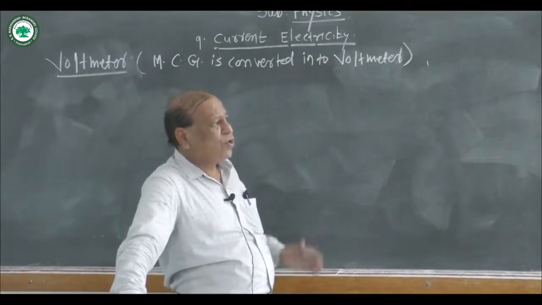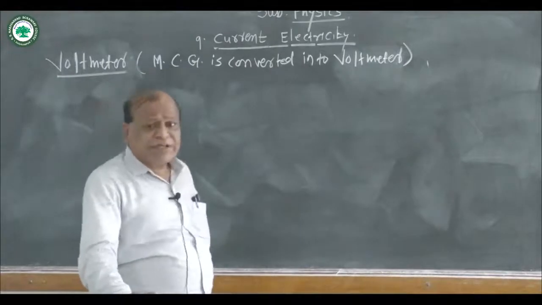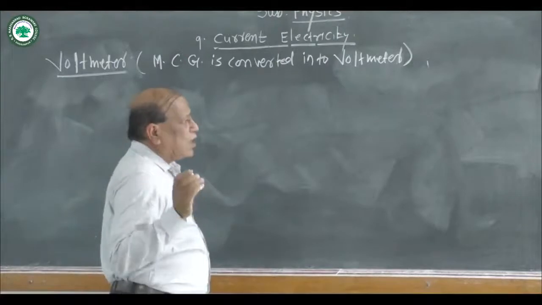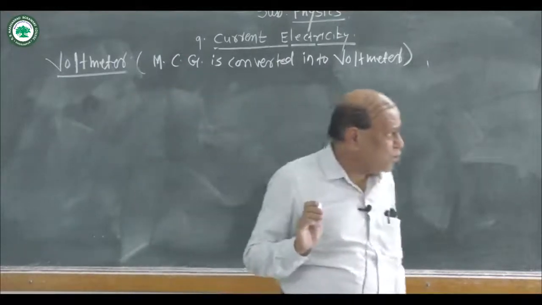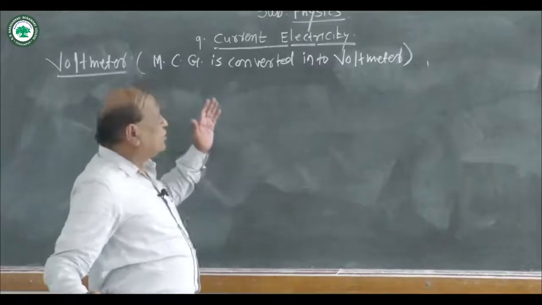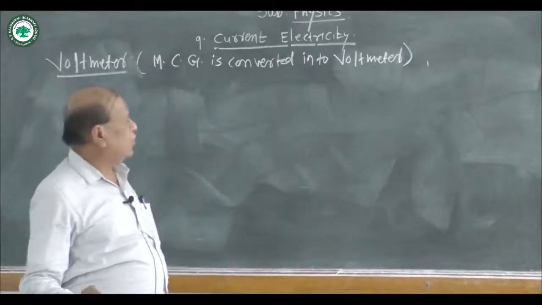Therefore we have to increase its resistance by connecting a resistance of high value in series to this moving coil galvanometer, then it is converted into a voltmeter.